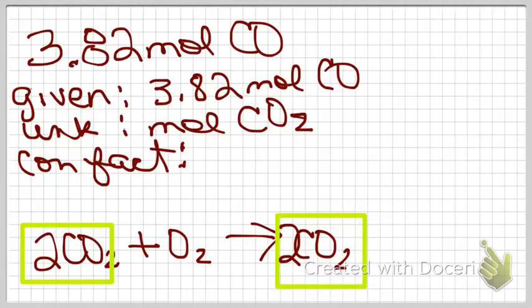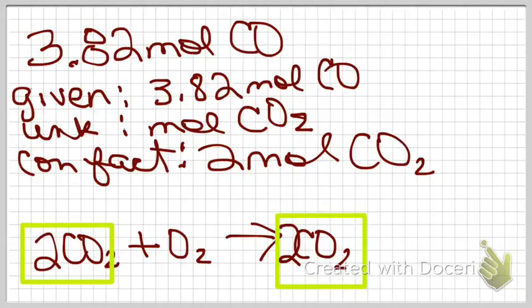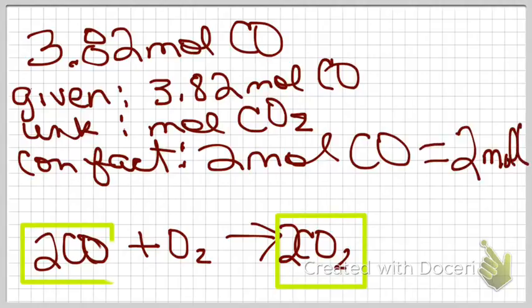That says, just like baking those chocolate chip cookies, for every 2 moles of carbon monoxide that I start with, I can make 2 moles of CO2. That's what the equation says. Now I can use this as a conversion factor to get me from one to the other.